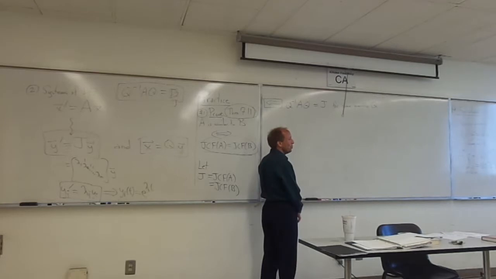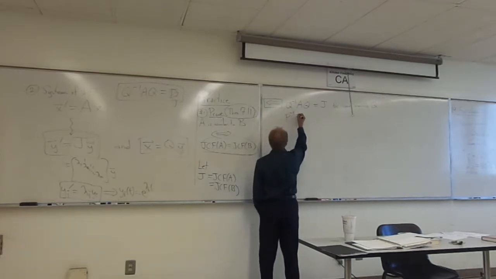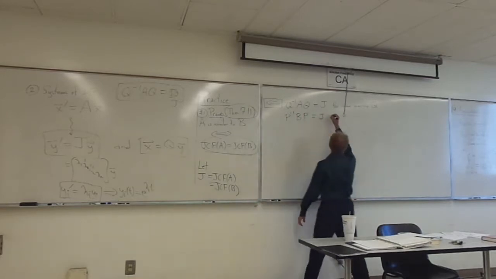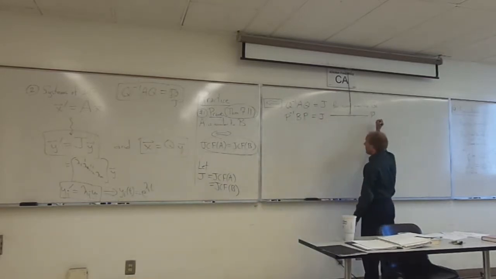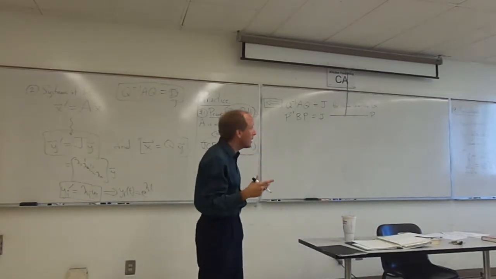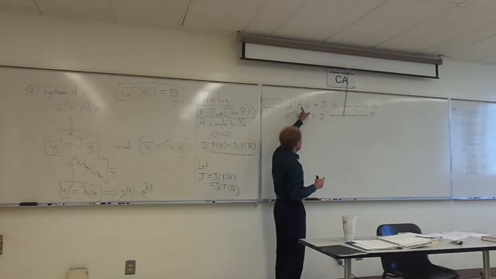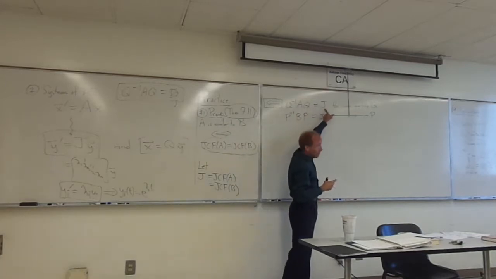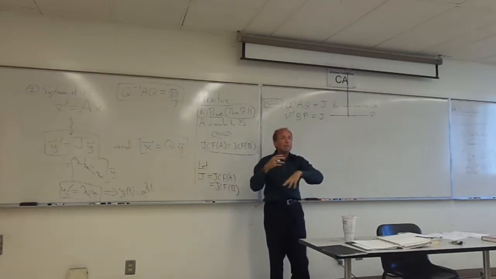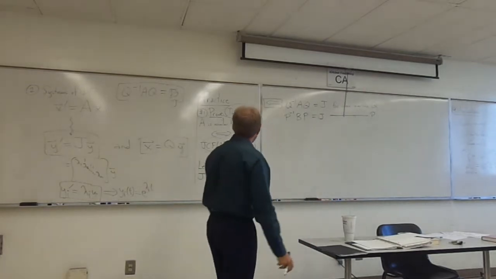Is it the same Q? No, P inverse BP is also equal to J, for some invertible P, right? That's really what the assumptions tell us. The Jordan canonical form of A is equal to J, and the Jordan canonical form of B is equal to J. It just means each is similar to J, right?